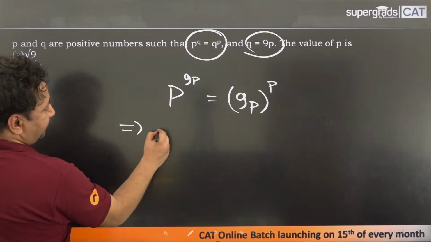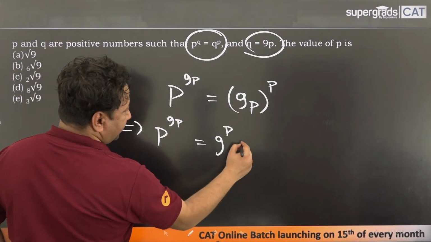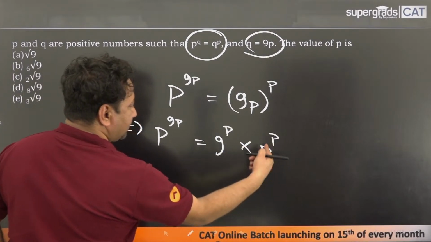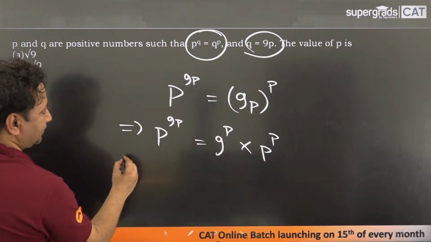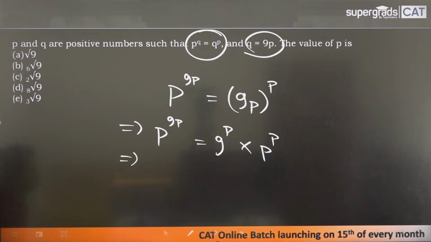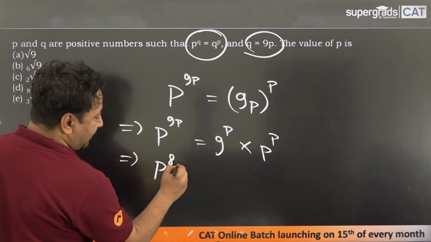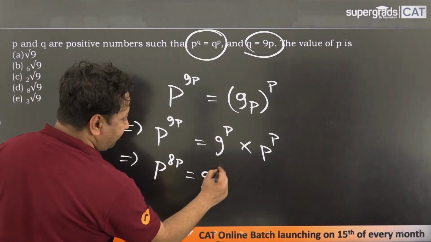Which further means P to the power 9P is equal to 9 to the power P multiplied by P to the power P. And now these two can cancel each other, right? So I'll get P to the power 8P is equal to 9 to the power P.